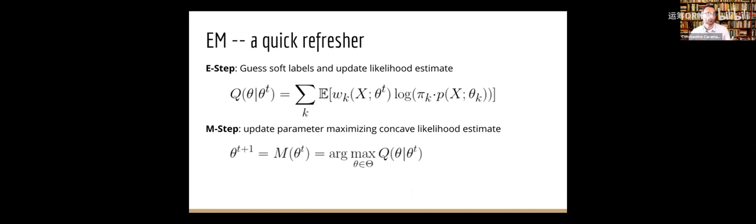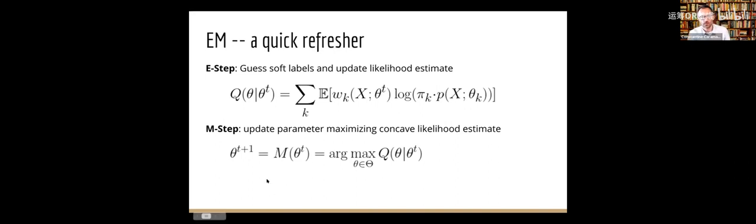Essentially, it alternates between two steps: the E step, guessing the labels and updating the likelihood estimate, and the M step, which updates the parameter that maximizes the likelihood estimate, which is now concave once I've fixed these weights. So this is what EM is doing.